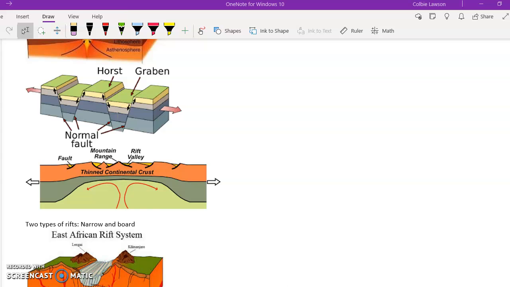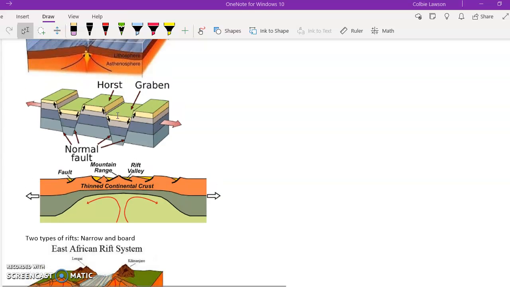Eventually, these plate sections located between the faults drop into deep depressions known as rift valleys, which you can see here. That's a fault. That's a rift valley. Like I said, this is a thin continental crust.